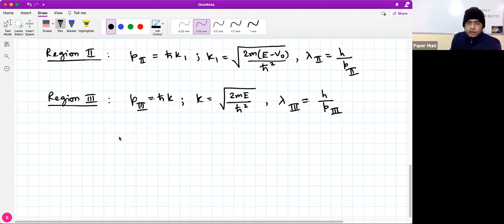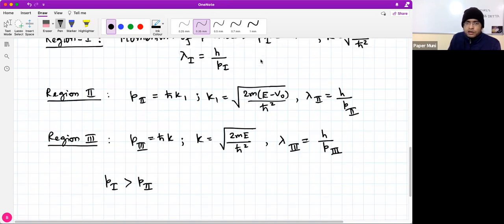So in this case we have p1, p2. The momentum in region 1 is greater than p2. It's clearly observed from the value of k: k1 is greater than k2, which implies that p1 is greater than p2.